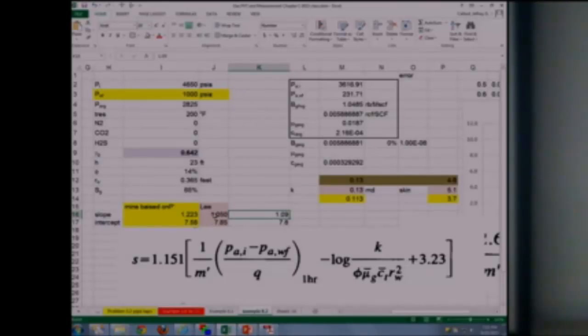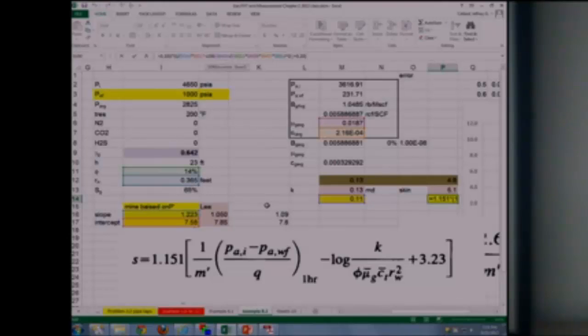Using the slope as 1.223 and the intercept as 7.58, for that I get a perm of 0.113, which is, let me get these all on equal footing, 11 versus 13 and 13. And I get a skin.